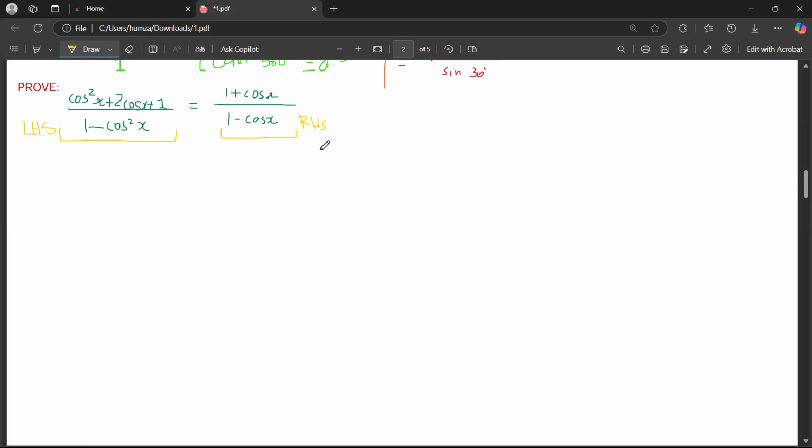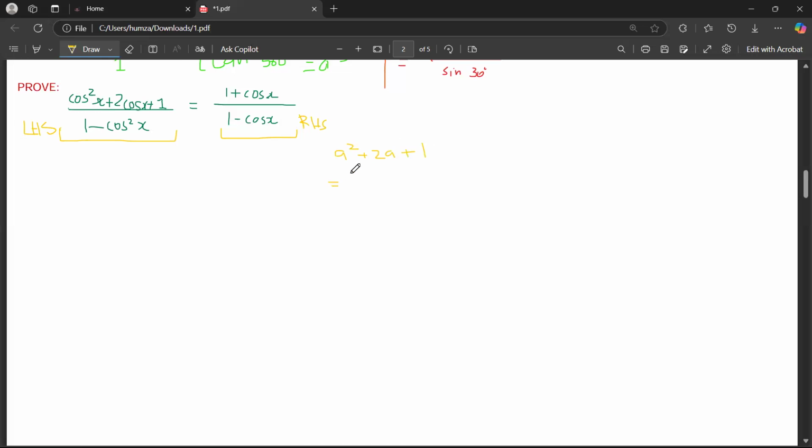In order to prove identities, we must be able to spot algebra in these types of questions. For example, if you look at cos squared x plus 2 cos x plus 1, in algebra we can say that this is a squared plus 2a plus 1. Correct?